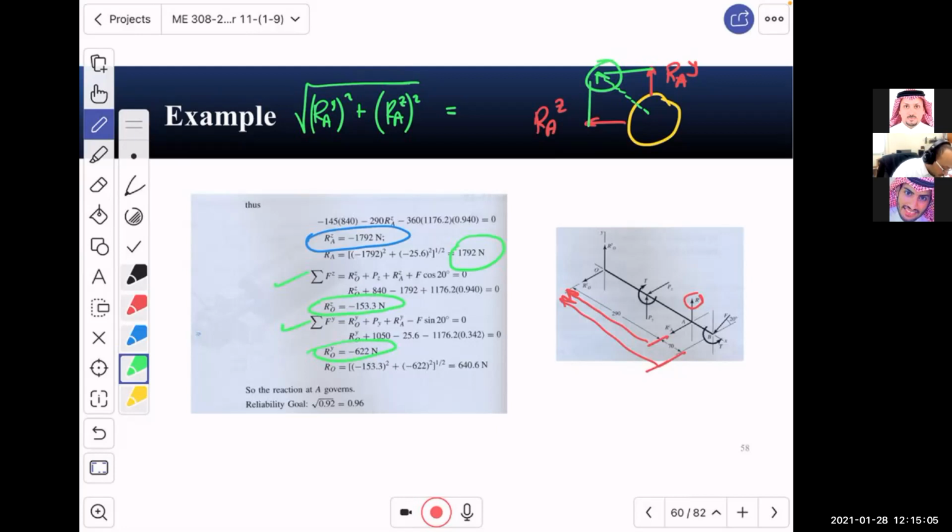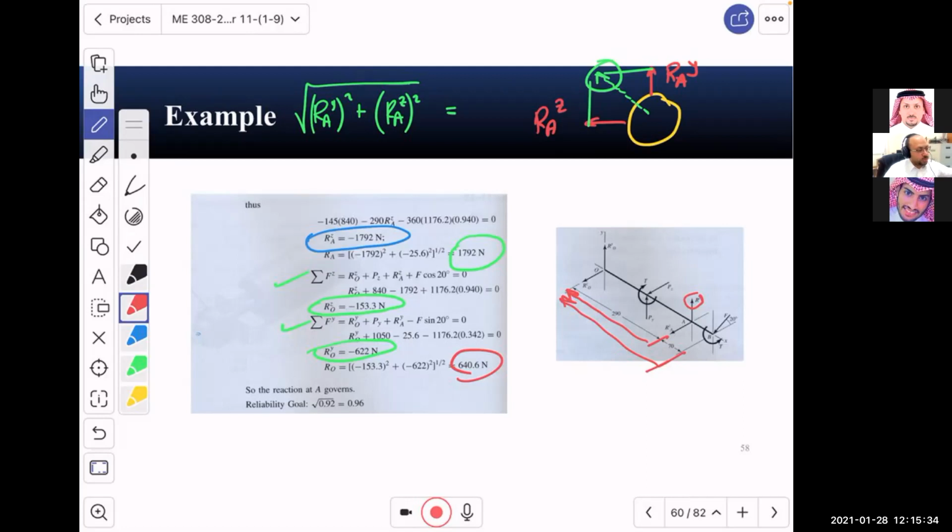And there you have it. This is the resultant. It is 640.6 Newton. Now, the question says that we should use identical, similar bearings. If the question does not say that explicitly, then you should still use the same bearings.